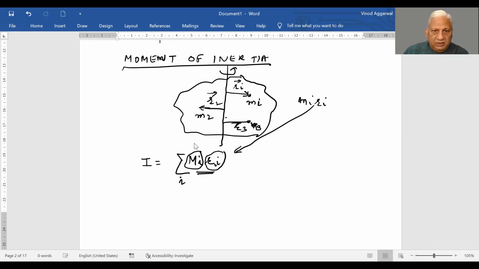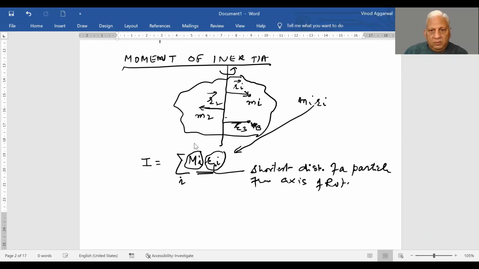And r is always the shortest distance of a particle from the axis of rotation, which will be the perpendicular distance. The shortest distance of any particle from the axis of rotation will be a perpendicular distance.